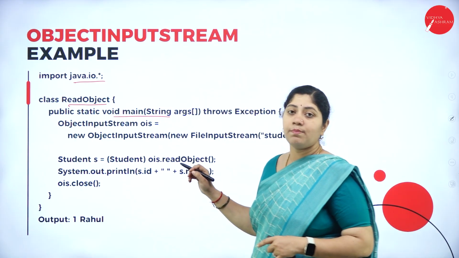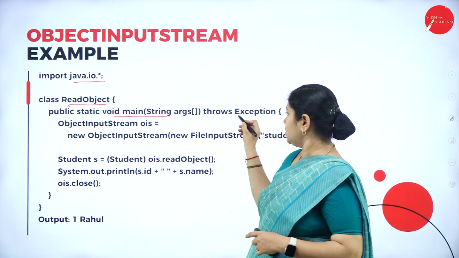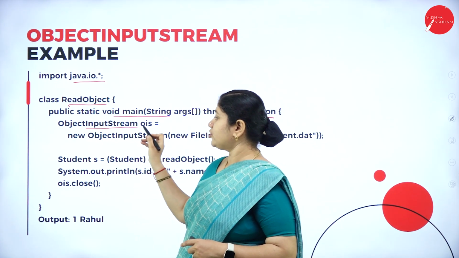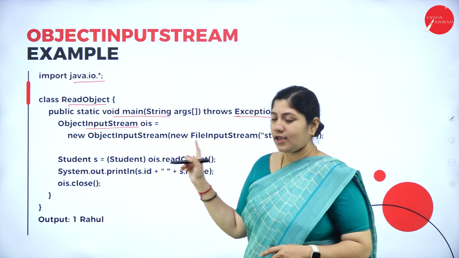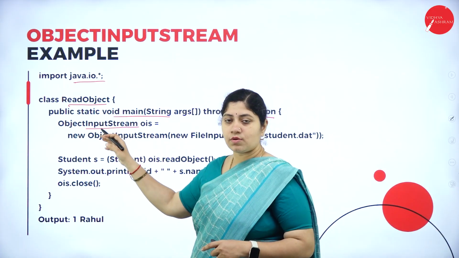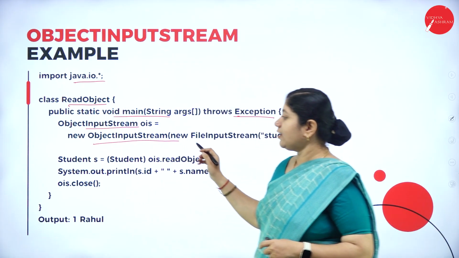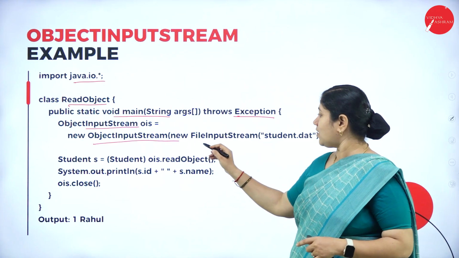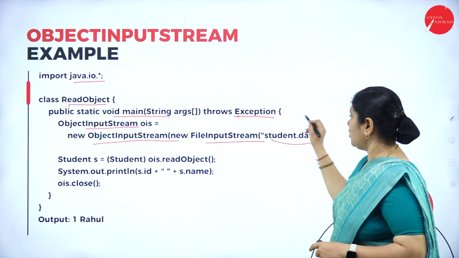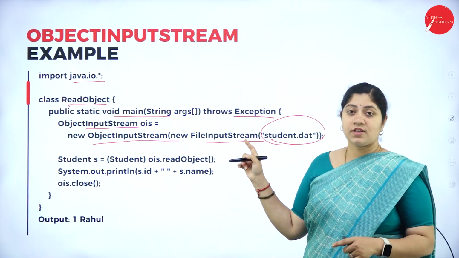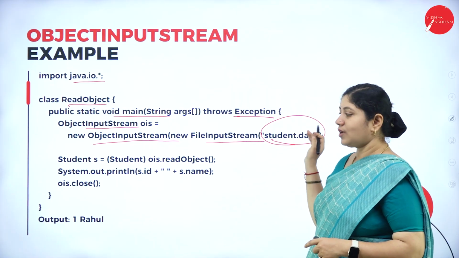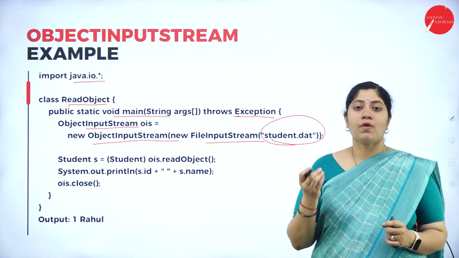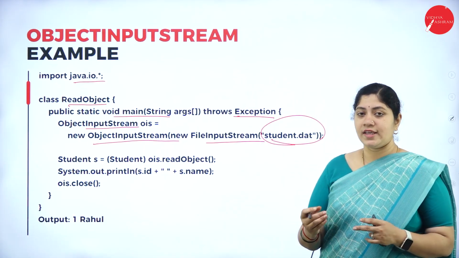Then we are writing a main method along with throws exception. Done. We can observe here we are writing ObjectInputStream ois. It has to be defined with a new object that is being created. Thus it will be new FileInputStream and the name of the file that has been created, it is none other than student.dat. As we know, this .dat is a form of binary file.